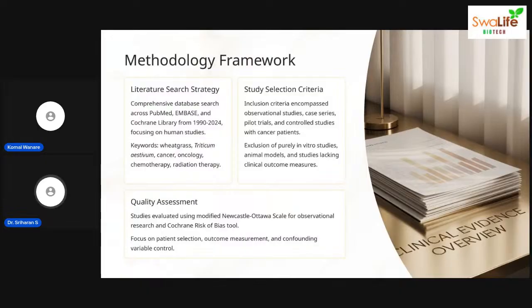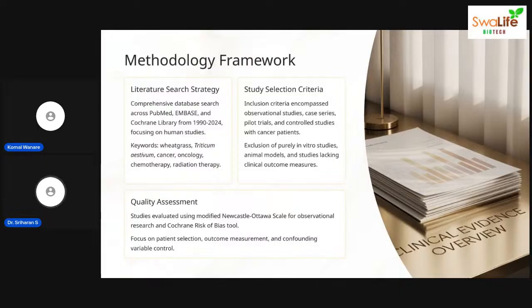Mainly this Newcastle-Ottawa scale is used for cohort, case-control, cross-sectional studies, systematic reviews, meta-analysis. We use this scale to include patients in our study, so from that point of view also we are using it. This scale is based on up to 9 points, from 0 to 9.